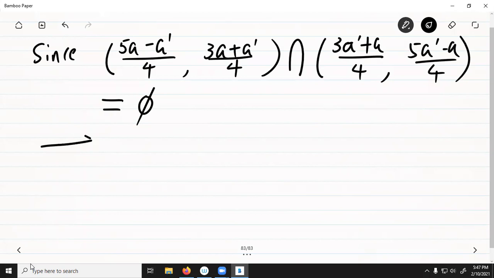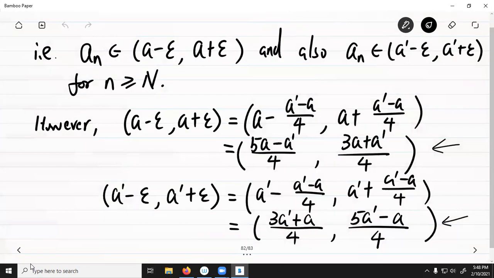So this causes the contradiction. So there is a contradiction, right? Contradiction to what? To this result. We say when n is large enough, greater than this capital N, after that, all the points a_n would be in both intervals. But these intervals are separate, so it's impossible.